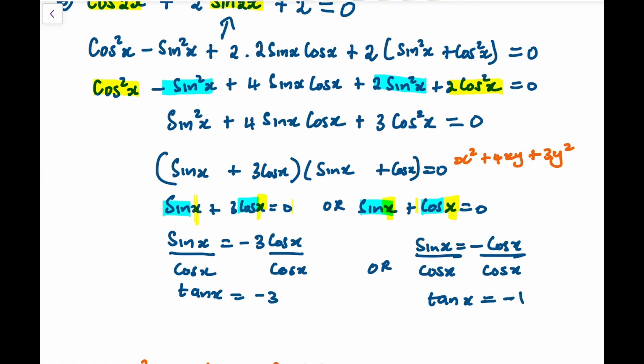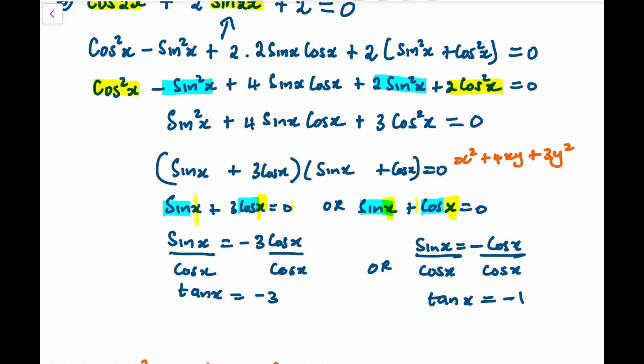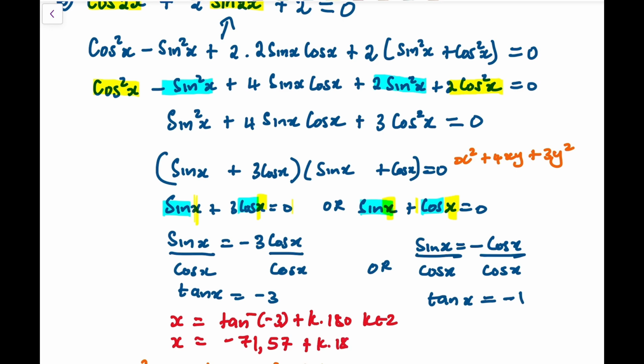Now the general solution for tan: x is equal to arctan of negative 3 plus k multiplied by 180, where k is an element of all integers. And then what is arctan of negative 3? Arctan of negative 3 is the same as negative 71.57, and then plus k multiplied by 180, where k is an element of integers.